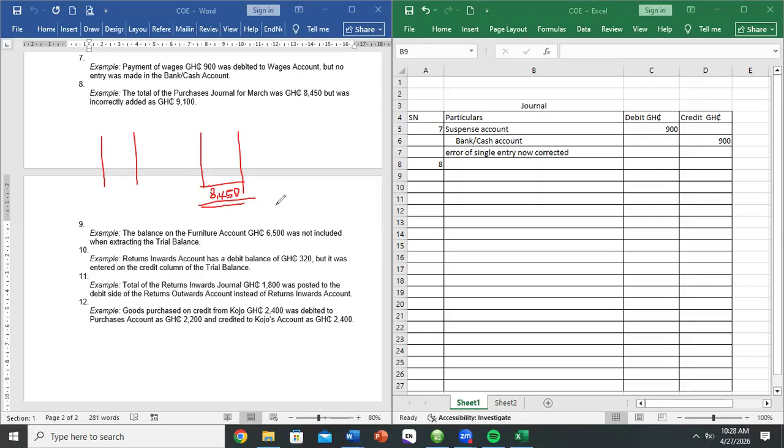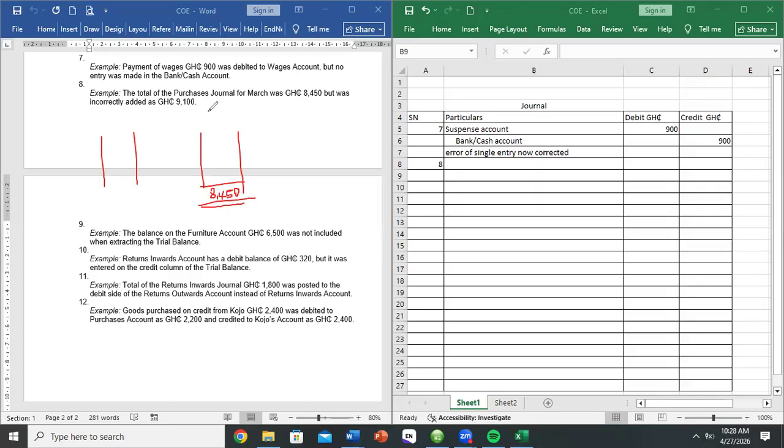Okay. So if this is a casting error, you remember we said casting errors are errors that occur when the account mistakenly overstates or understates a particular figure or amount, probably in the course of the additions. You can see clearly here that the total was supposed to be 8,450, but it was incorrectly added, as he was casting the figures.